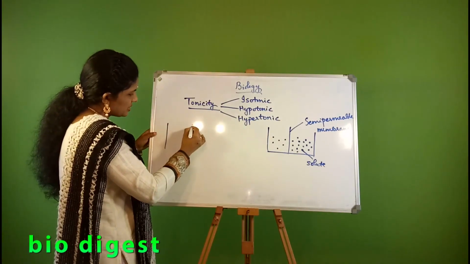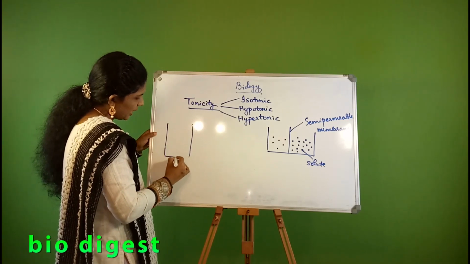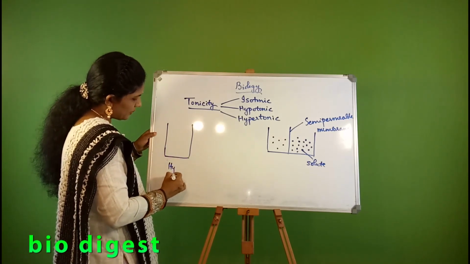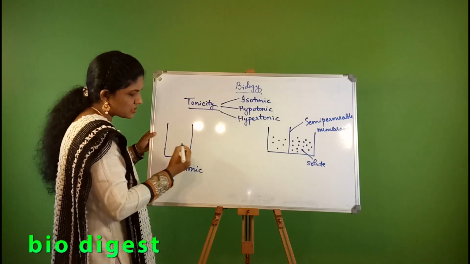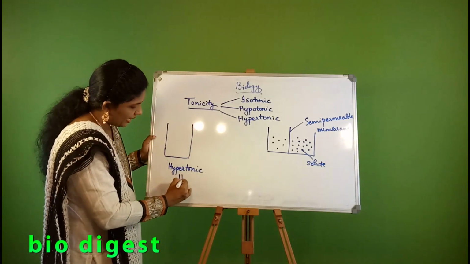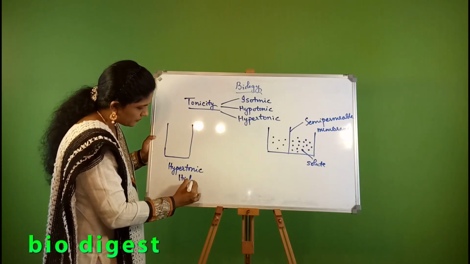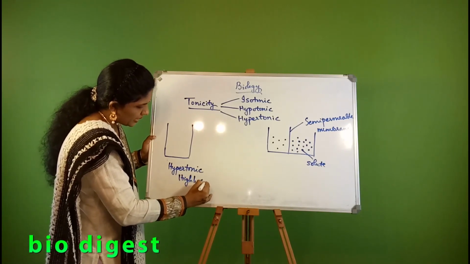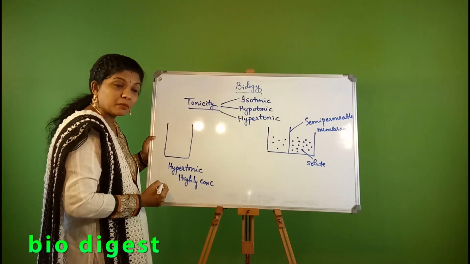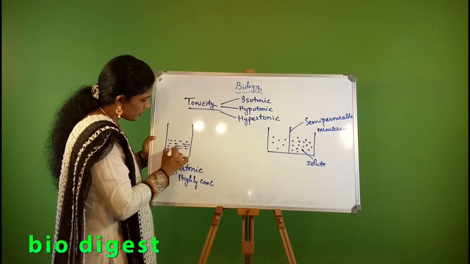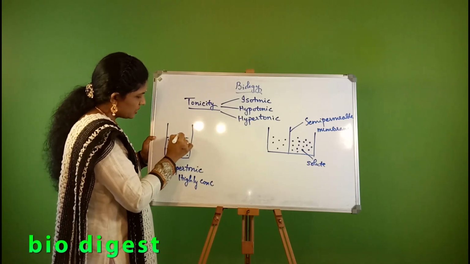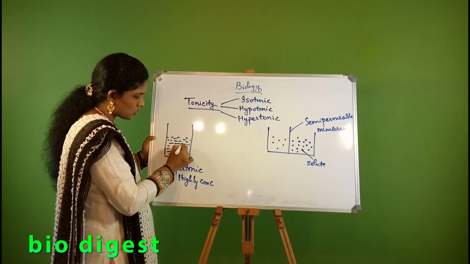Coming to the first type, that is hypertonic solution. Hypertonic solution means the solution will be highly concentrated. That means it will be having higher amount of solute. So we are having a highly concentrated solution here, which is prepared by using sugar or salt.